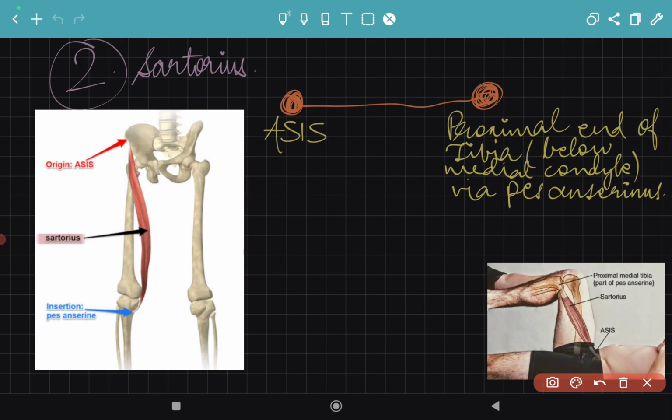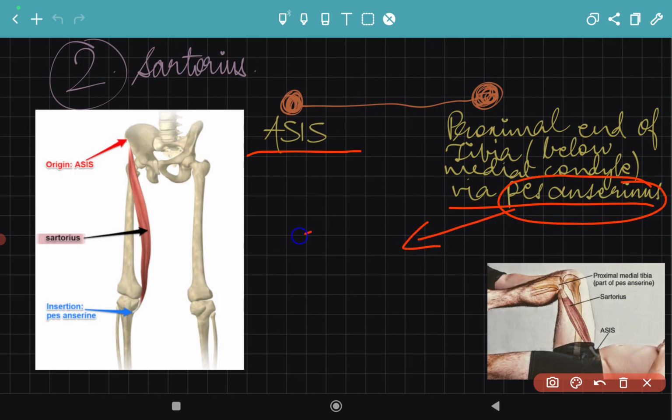Patient in supine lying with hip knee flexed, it can be appreciated this way. In this diagram, starting from the ASIS and inserting to medial tibial condyle below that proximal end of tibia. So this was about sartorius. Starting from ASIS going to proximal end of tibia below medial tibial condyle via the pes anserinus.